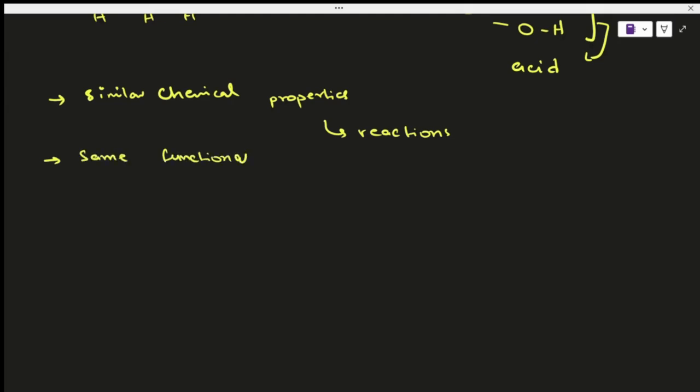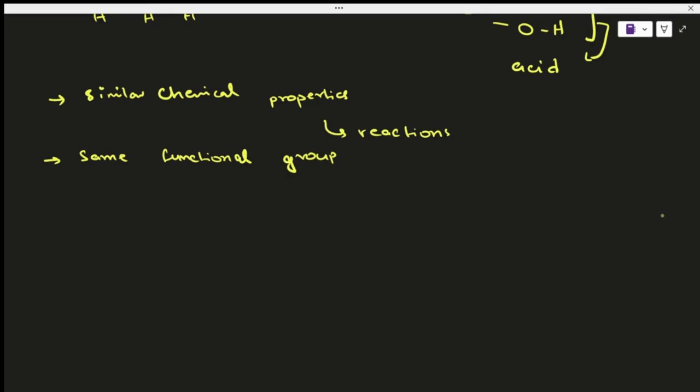And the other thing is the same functional group. Now I think you should be able to understand that every group of organic molecules that we are studying, alkanes, alkenes, and alcohols, and later on the others as well, they all have an individual homologous series. So the main idea of the homologous series is based on these four points, which within that individual series remain the same, but the series itself is different.